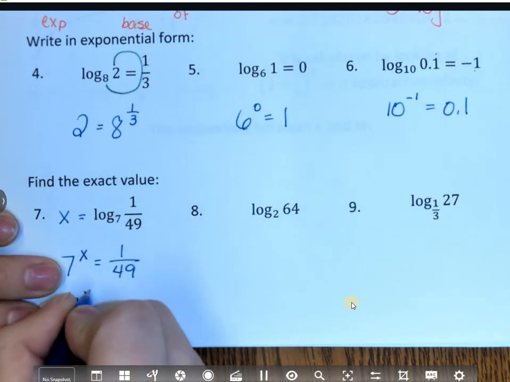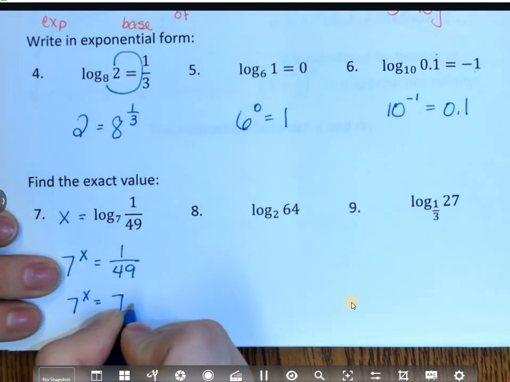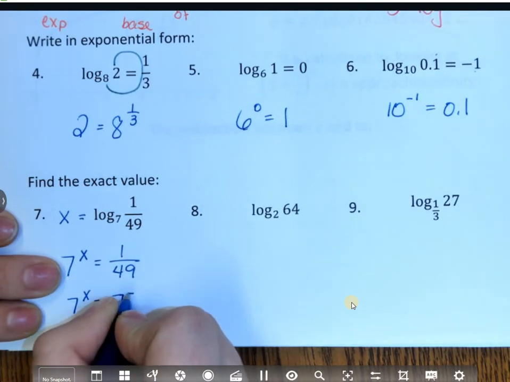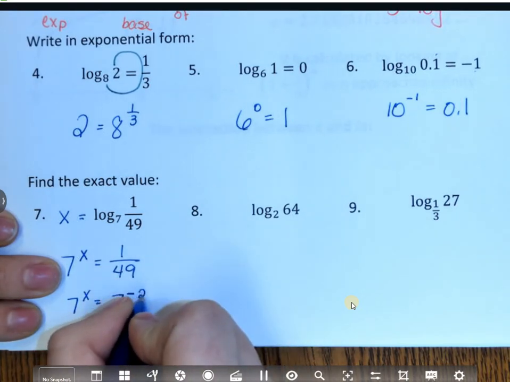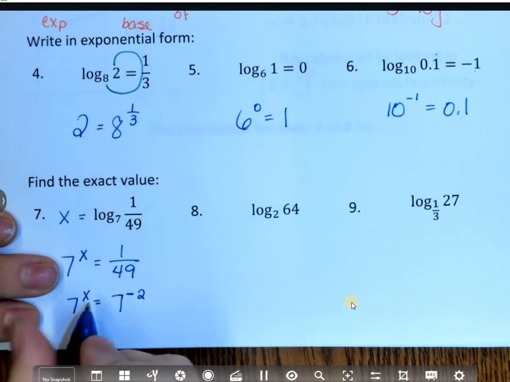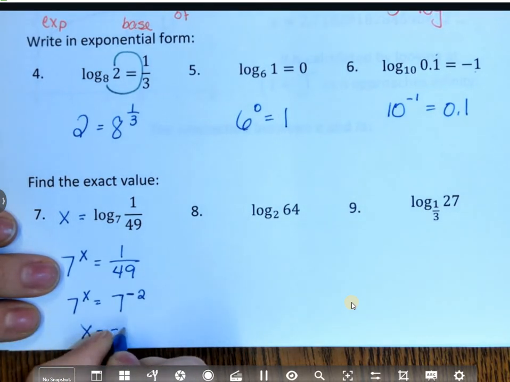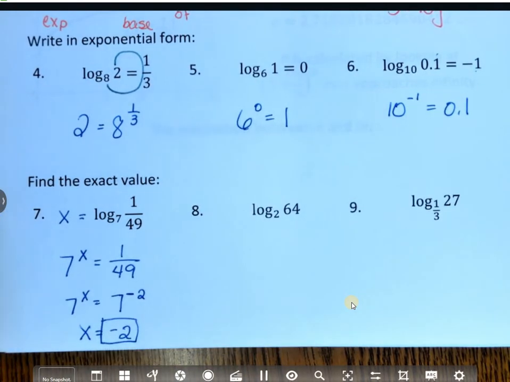Yeah, because the reciprocal means my exponent is going to be negative, and 49 is 7 squared. If my bases match up, my exponents must match up as well. So the answer here is just -2. Log base 7 of 1 over 49 is -2.